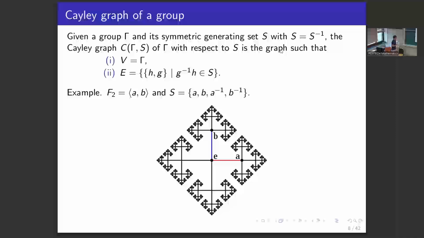The vertex set consists of just Gamma, and the edges are defined like this. Then you get the graph, and actually a metric space by assigning length 1 to each edge. For example, for the rank 2 free group with 4 generators, you obtain a Cayley graph that looks like this.